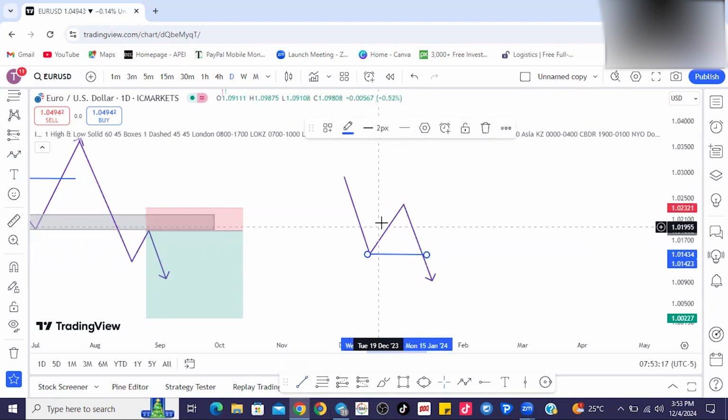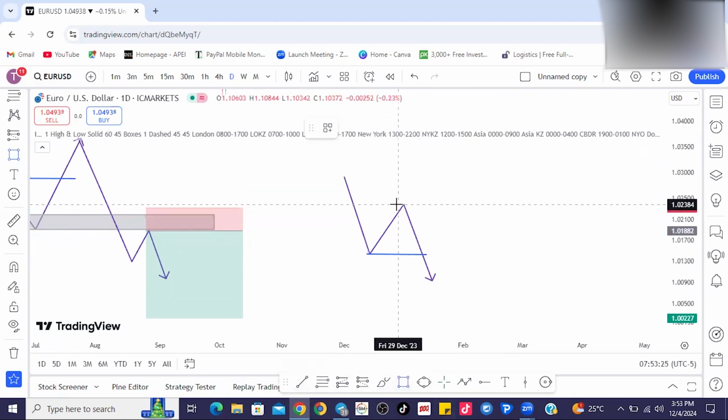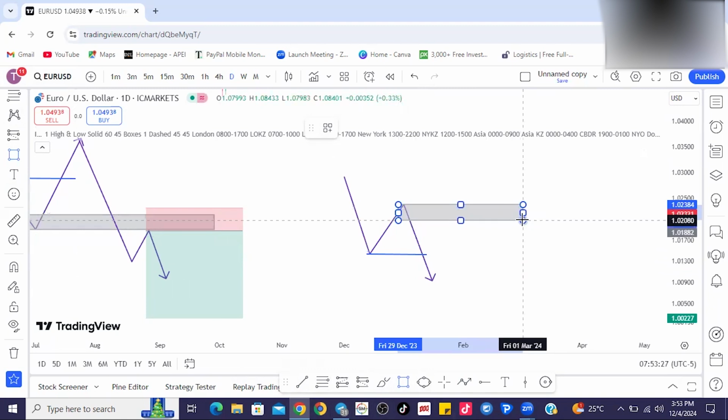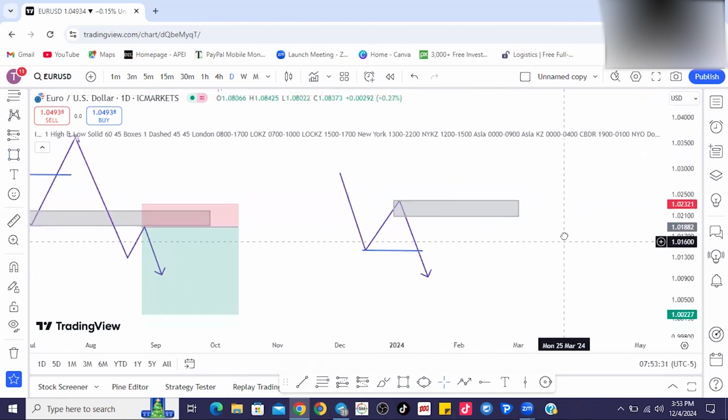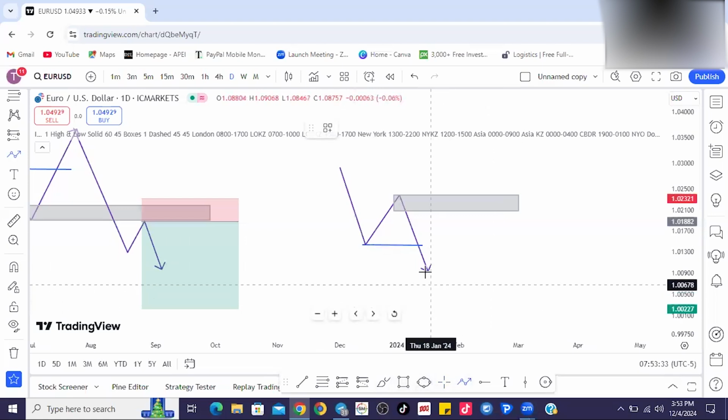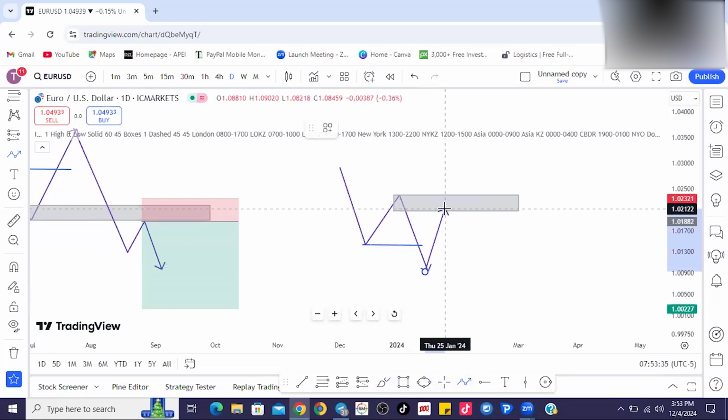Then in this retracement, we want to see the last buy candle before the sell momentum, and that is where we will mark our bearish order block. In a real scenario, we look for the price to come to this point, and once it touches the bearish order block, we look to sell.